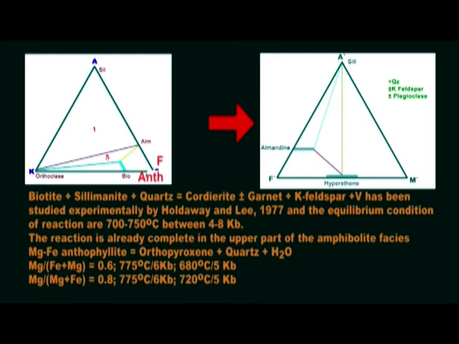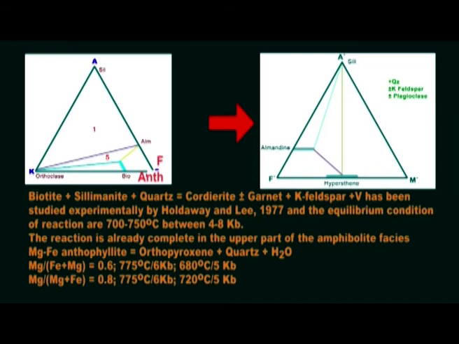The reaction biotite plus sillimanite plus quartz give rise to cordierite plus minus garnet plus potash feldspar plus water has been studied experimentally by Holdaway and Lee 1977, and the equilibrium condition of reaction are 700 to 750 degrees centigrade between 4 to 8 kilobar. The reaction is already complete in upper part of the amphibolite facies.